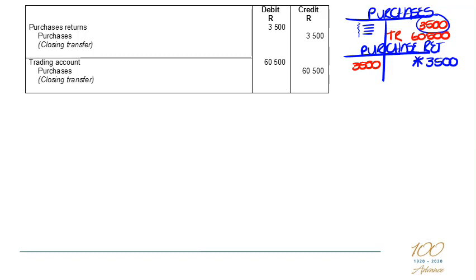Can you see this entry in the general journal is just to reverse the purchase returns back into the purchases account so that I'm left with my net purchases. And then I can close off my net purchases to my trading account.